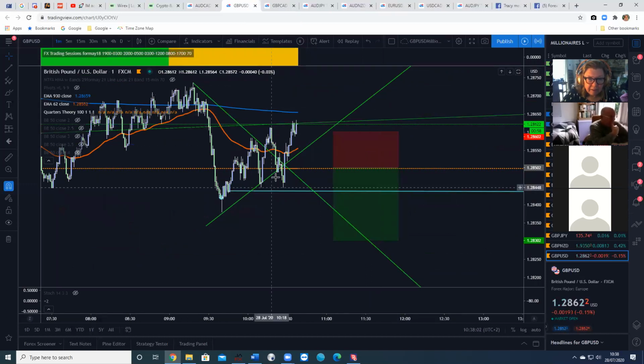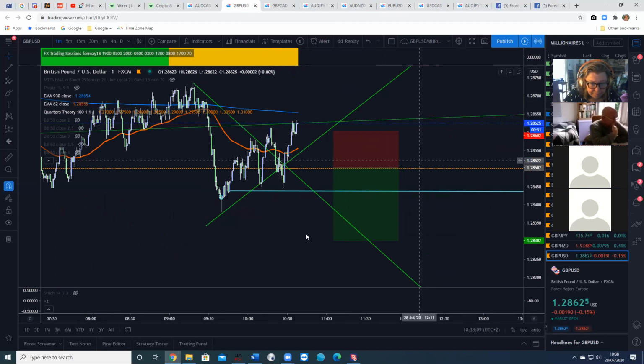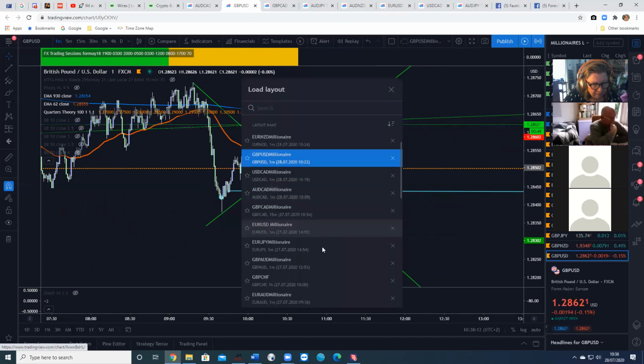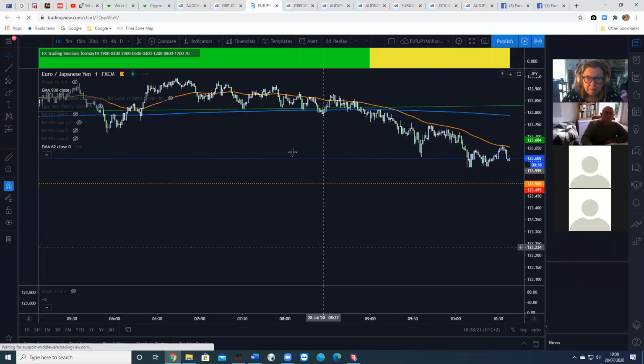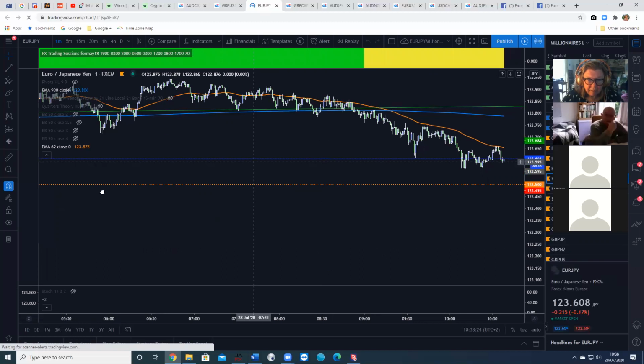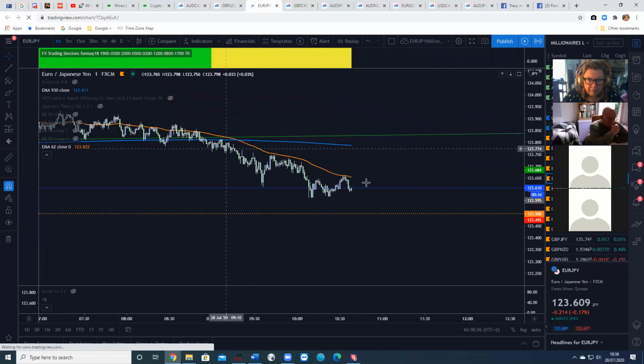That's decided now. It did that break and retest up there. It's gone all the way up to the pitchfork. Let's see what's next. Euro JPY. Nothing on that at the moment.